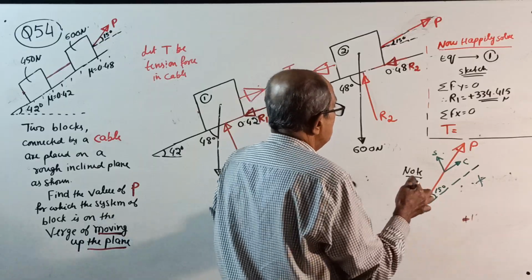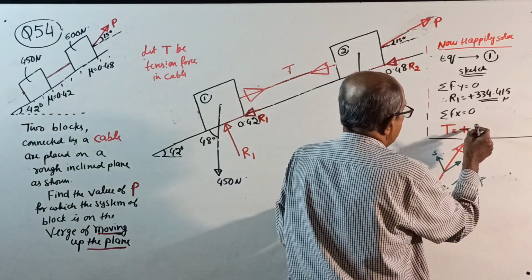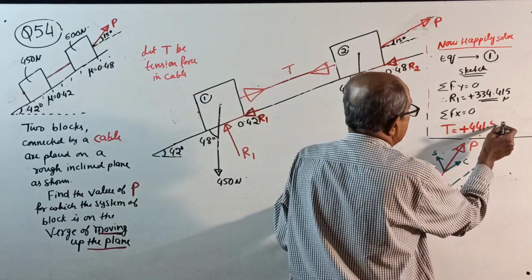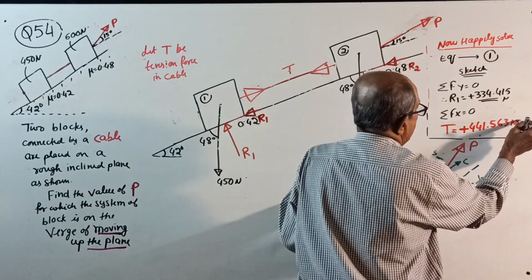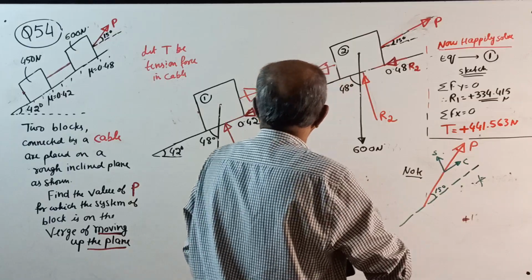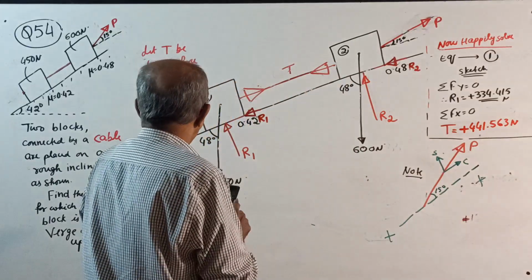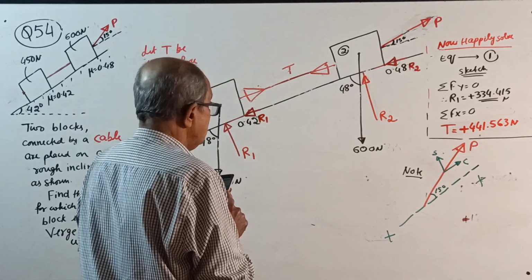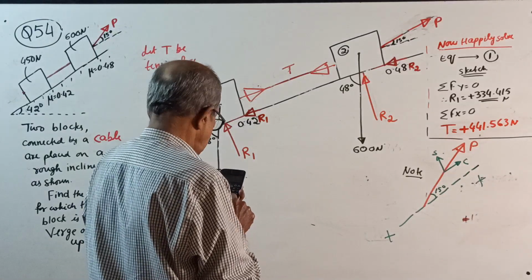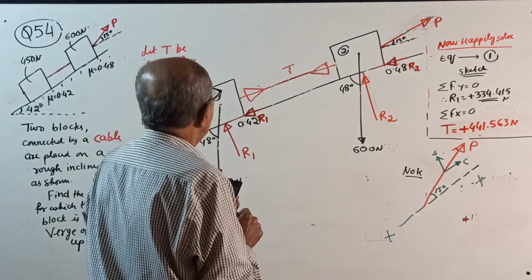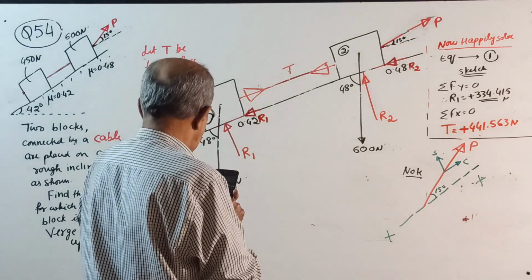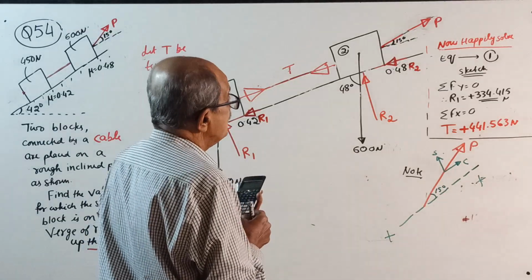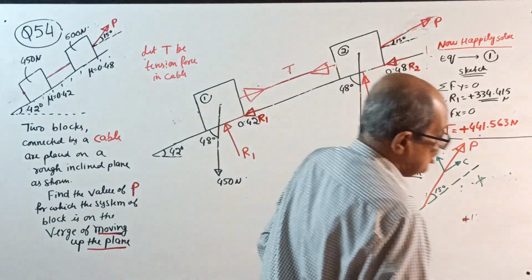Your T will come plus 441.563 Newton. Okay. One minute now. I will check once again. 450 into sine 48 is 334. 334 into 0.42 is the friction. Okay, friction comes this way. Plus another 450 into cos 48. 441.563 Newton. Okay. Equilibrium of block 1 over.